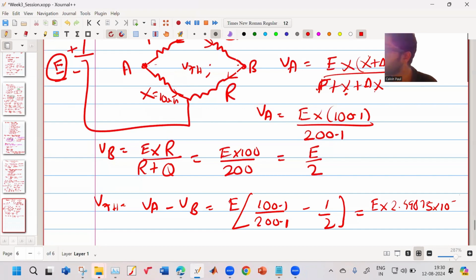That becomes E into 2.49875 into 10 to the power minus 4. That's my V Thevenin.